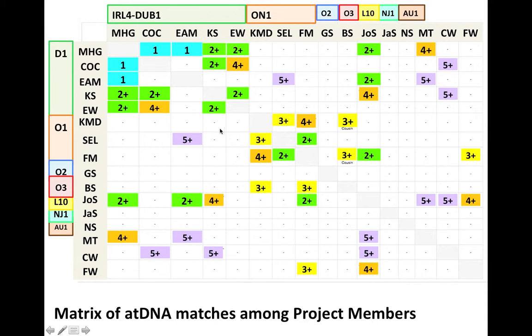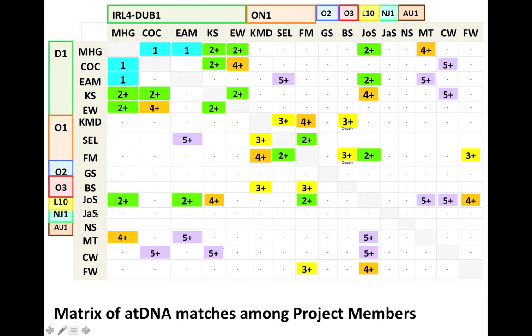So you can see that, for example, the members of Ontario 1 are clustering here. This person here, Karen, matches Susan and Fergus. Susan matches my dad's cousin Betty, as well as Karen and Fergus. And Fergus matches Karen, Susan, and also Brian in Ontario 3, and also Joe in Limerick 10. So Fergus is linked to a lot of these families.